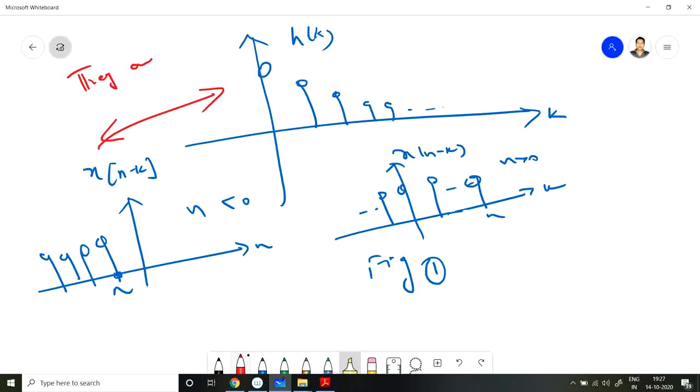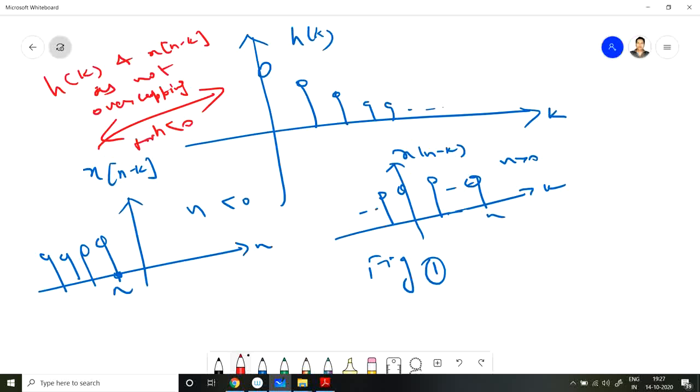So h[k] and x[n minus k] are not overlapping for n less than 0.